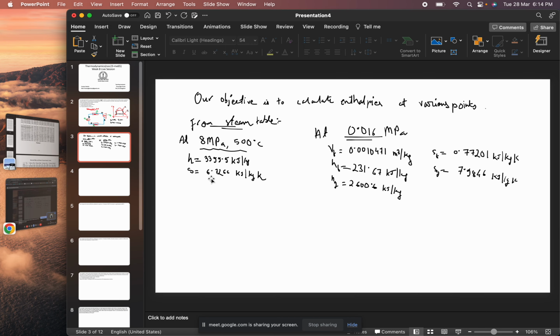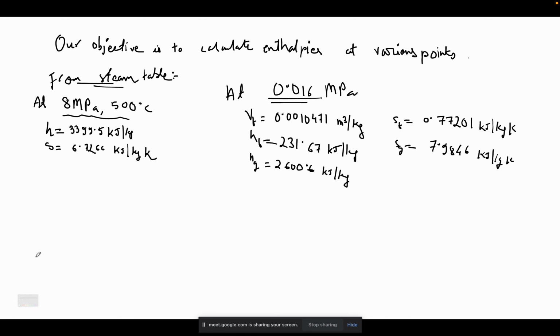Because we have calculated at this pressure level and at this temperature, my H1 will be H at 8 megapascal and 500 degrees Celsius, which is nothing but 3399.5 kilojoule per kg.